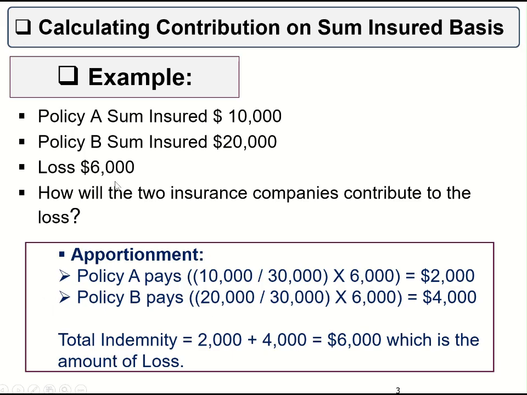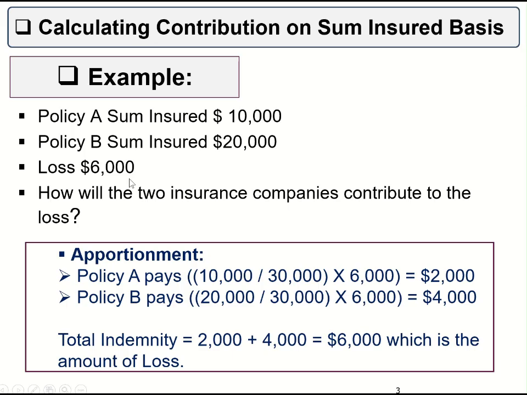Similarly, policy B will pay 20,000, its sum insured, divided by 30,000, the same total of 10 and 20, multiplied by 6,000, which equals $4,000. Notice that the total indemnity from the two policies, 2,000 plus 4,000, equals 6,000, which is the amount of the loss.